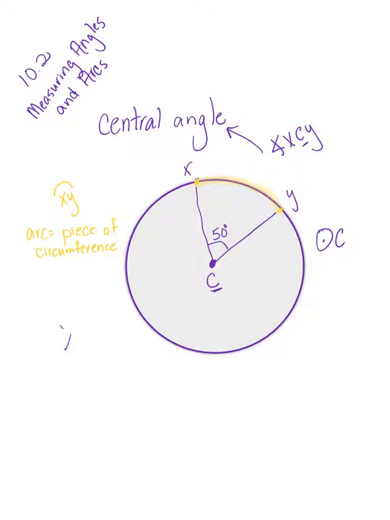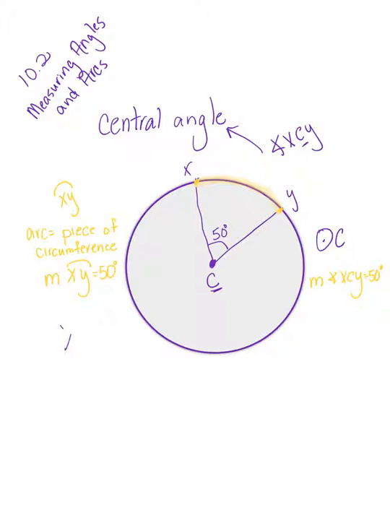If I want to find the measure of arc XY, just like over here, I have the measure of angle XCY. The measure of a central angle is always equal to the value of the intercepted arc, or I can say the measure of an intercepted arc is equal in measure to the degree of the central angle.